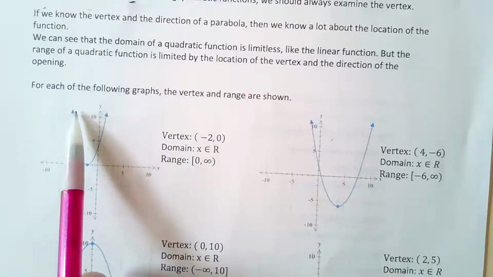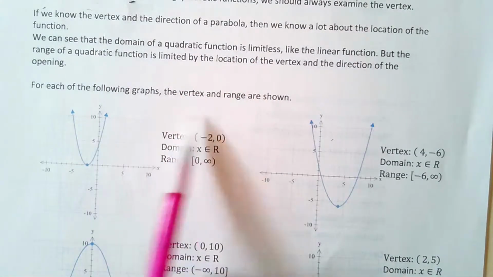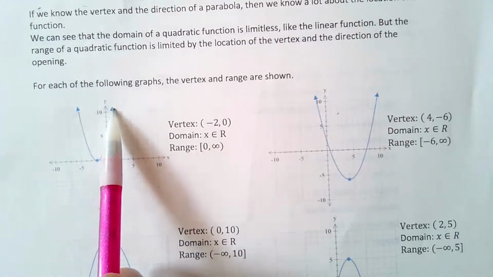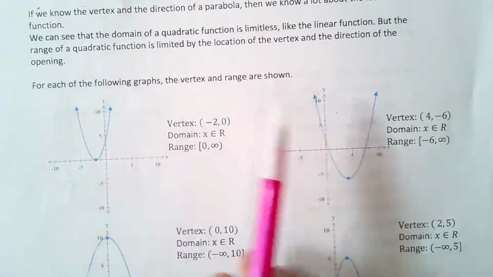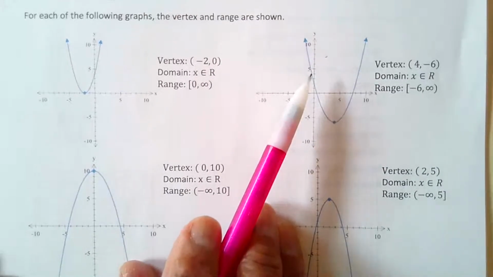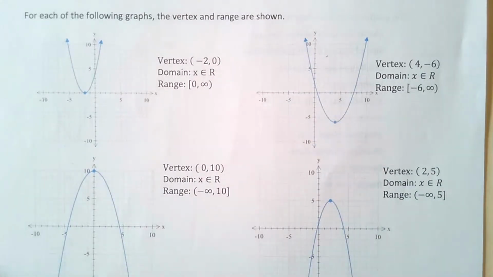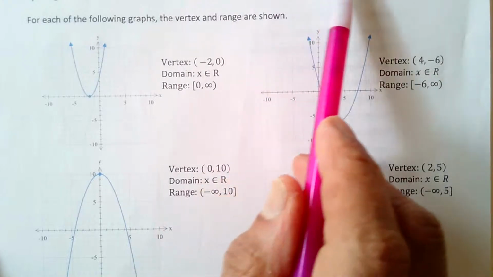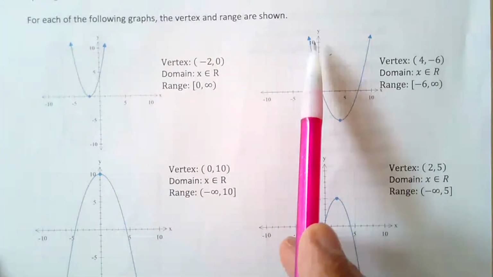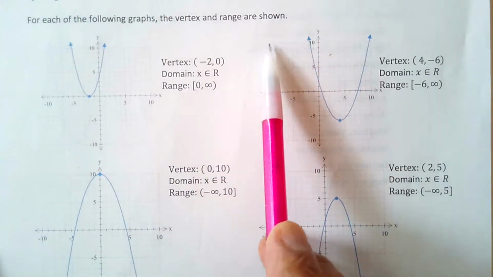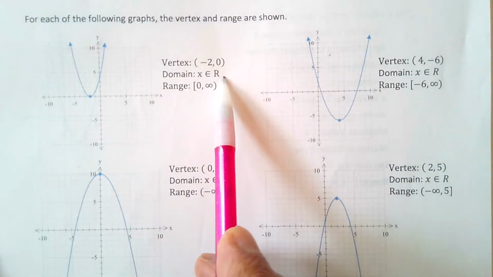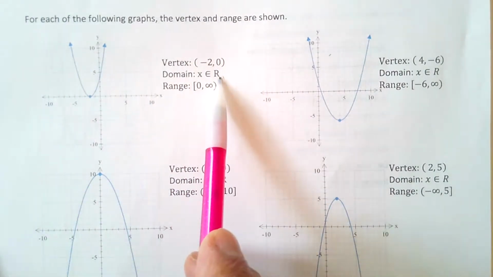In other words, it goes to the right forever and to the left forever, or negative infinity to positive infinity. So we can write the domain here as x is all of the real numbers.